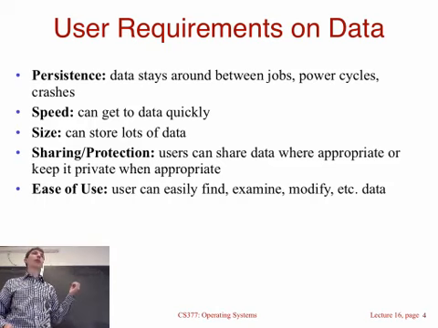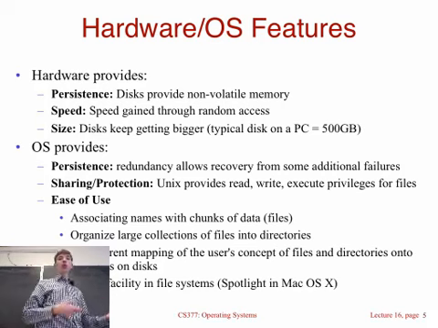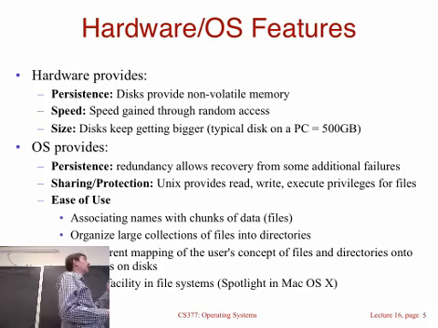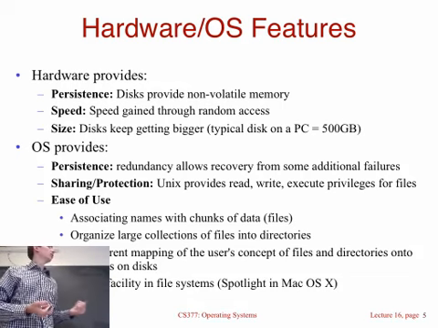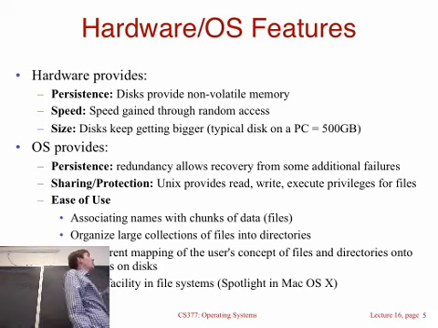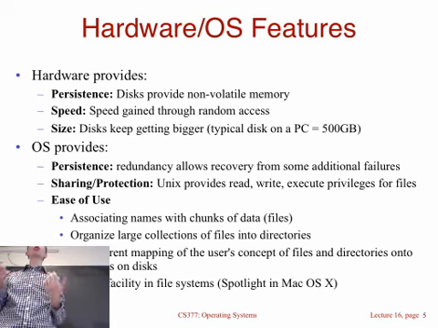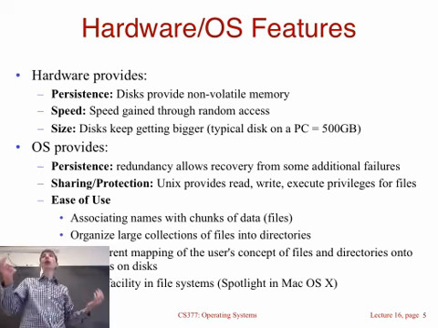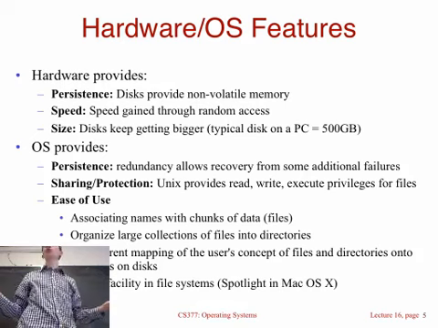So all these various requirements are going to be split between what the actual hardware is going to provide us and what the actual software of the OS is going to provide us. Right? So for example, persistence, obviously part of that is simply the physical properties of a disk. Right? Because memory, when it loses power, essentially loses all state.